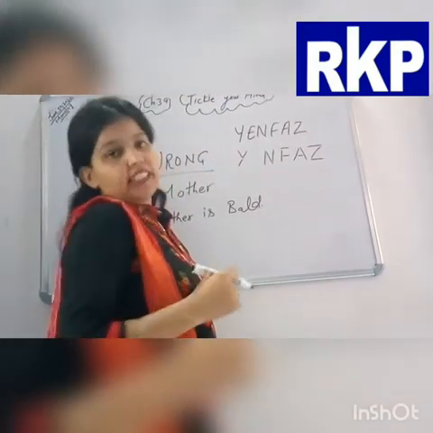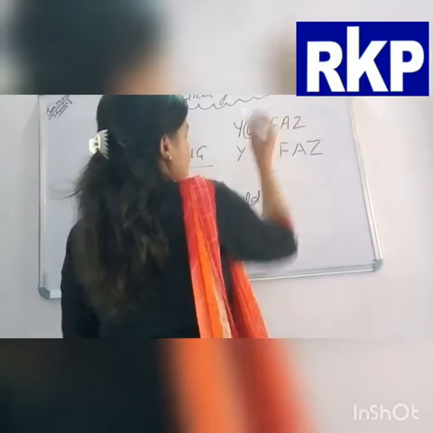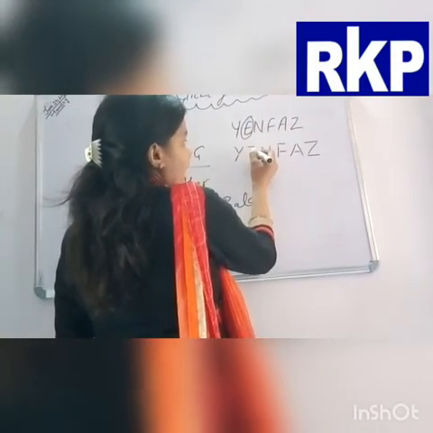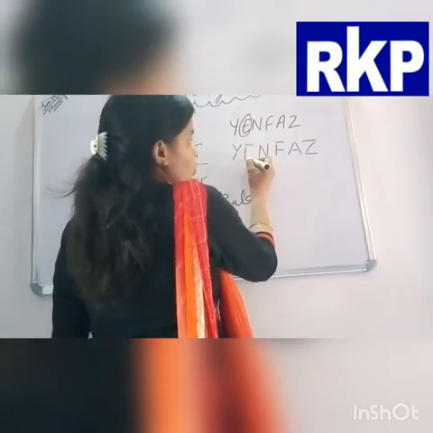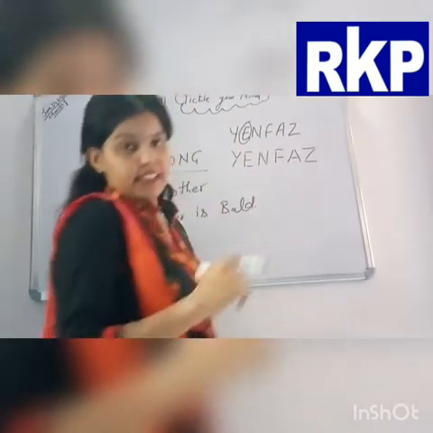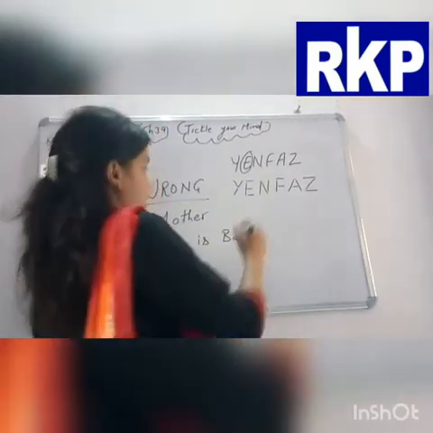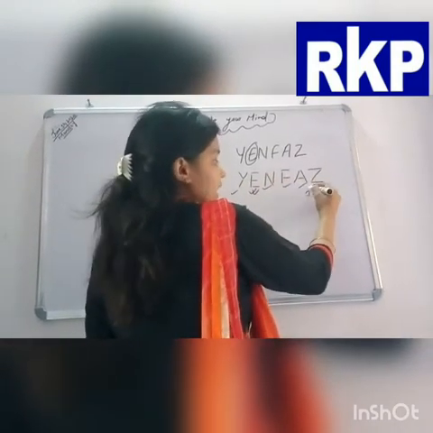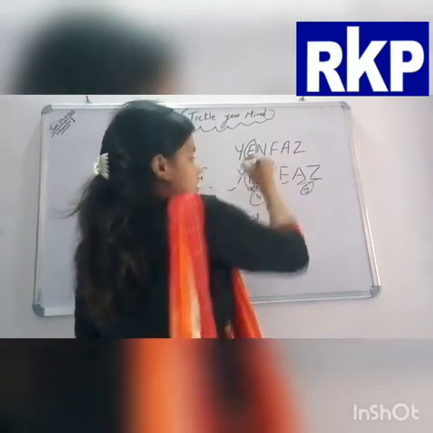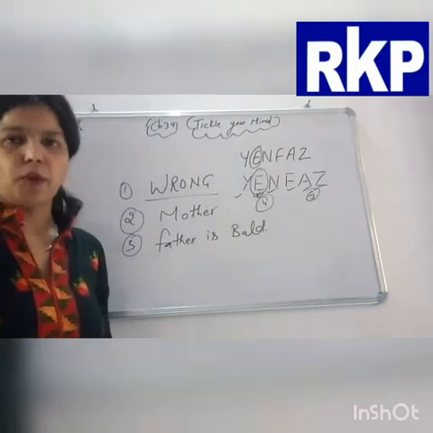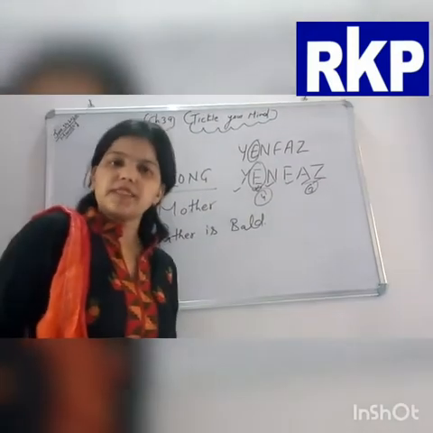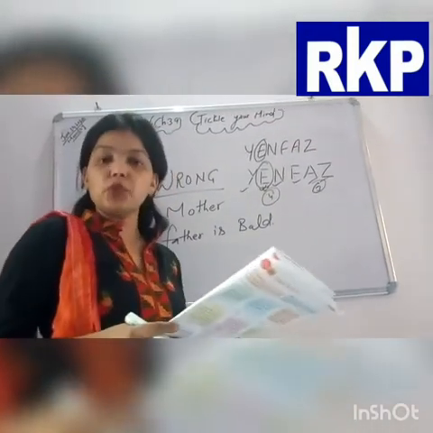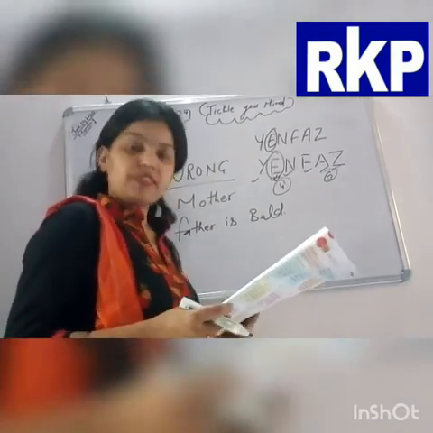What about E? Students, E is the combination of 1, 2, 3 and 4 lines. So that's why it has 4 lines, all others have 3 lines. That's why E is different from all other alphabets. Got it, students? Right?